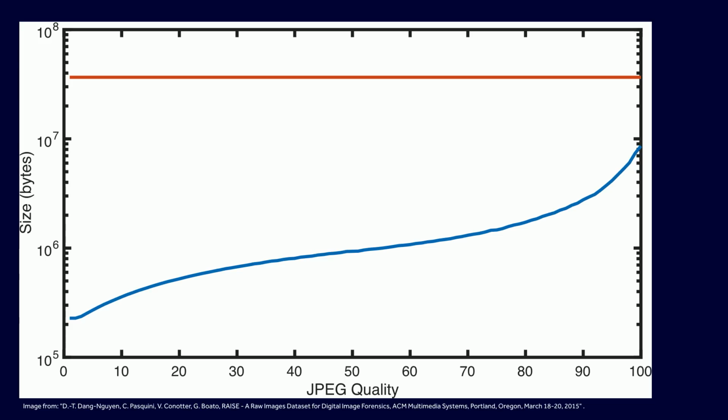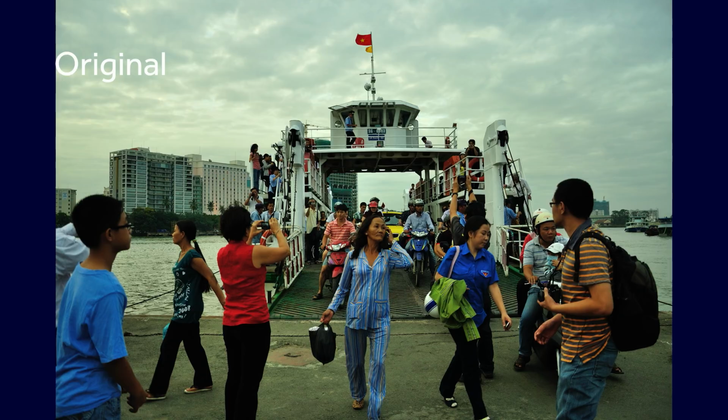Now, in order to illustrate it, I've picked a test image taken from this paper cited at the bottom here, which is a paper about digital forensics. And it's this image here. So this is the original image. Test images are usually very boring indeed, and I sort of scoured through this test set looking for this image, and I find it quite fascinating, actually. It's a ferry, I think, in Ho Chi Minh City.